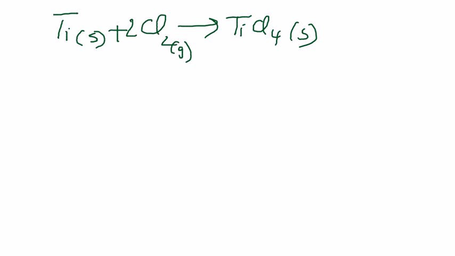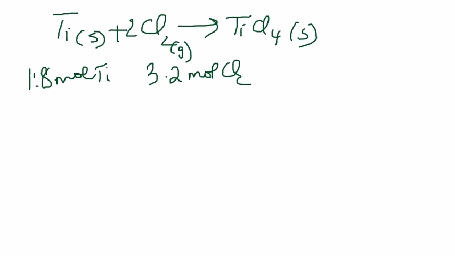The question says you are given 1.8 moles of titanium. You're given 3.2 moles of chlorine. What is the limiting reagent? So that's what you have to figure out. What is the theoretical yield of TiCl4?